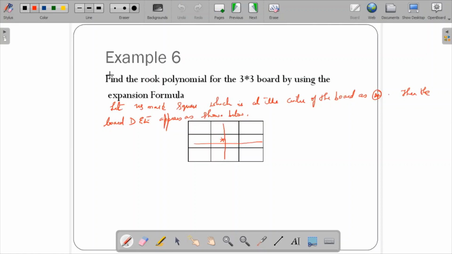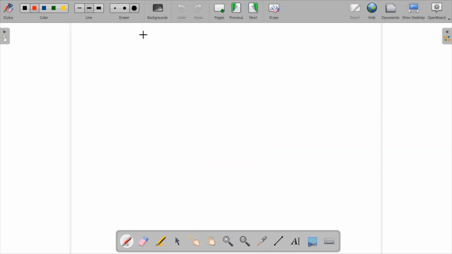When you do D, this box will not be considered, this will not be considered, rest all the boxes will be considered. So we'll shade that particular box.